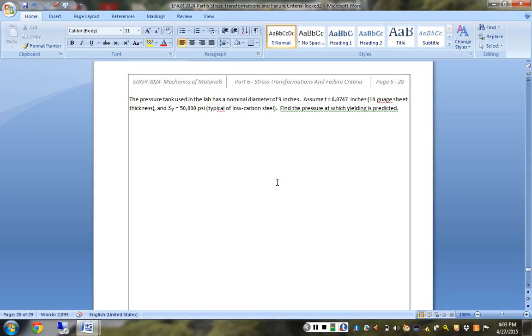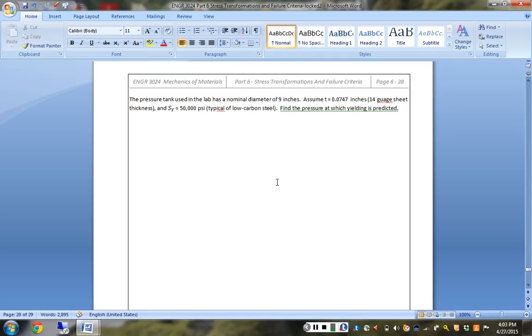So the first thing to parse out is if we're doing a failure analysis, what do you have to make sure that you're working with? Can you use any old arbitrary sigma x, sigma y stress state? You have to find principal stresses before you can evaluate failure using failure criteria at all.